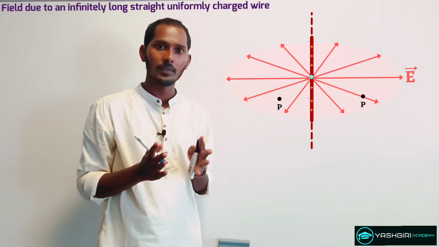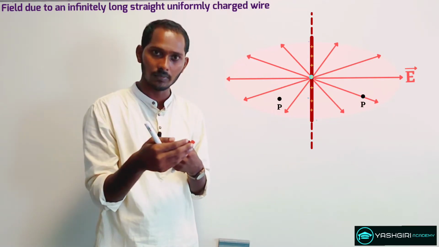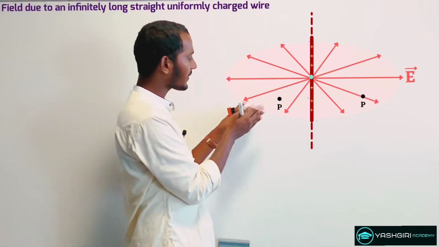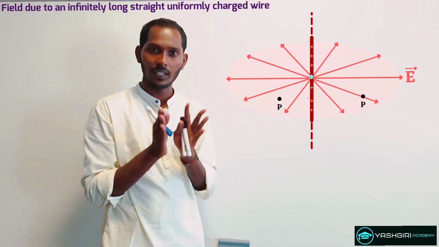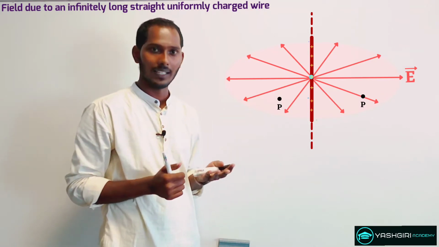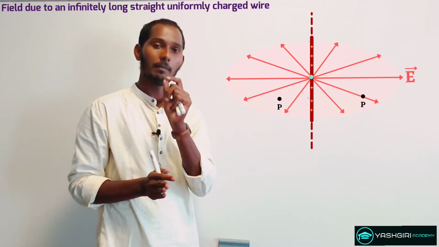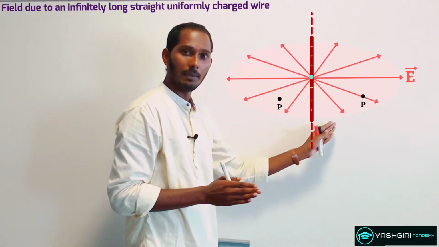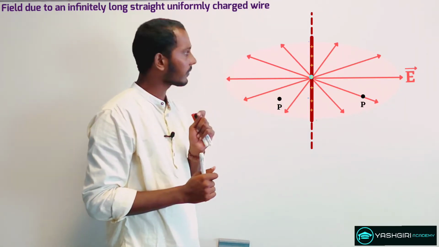Here we are interested in getting an expression to calculate the magnitude of the electric field. What we have seen so far is the direction of the electric field. So now let's apply the Gauss theorem and get an equation to calculate the magnitude of the electric field at any point from this wire.